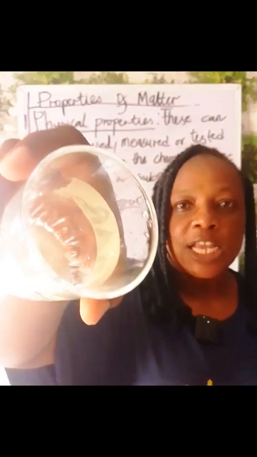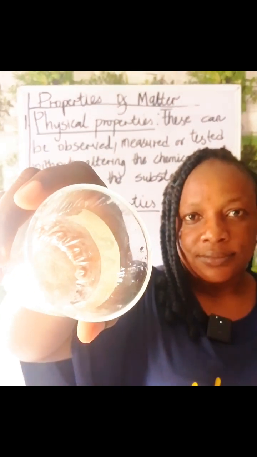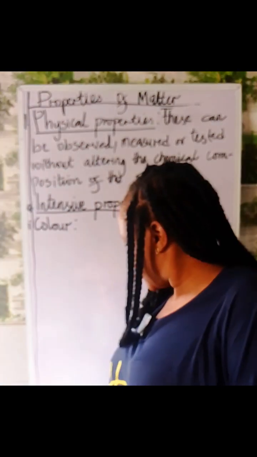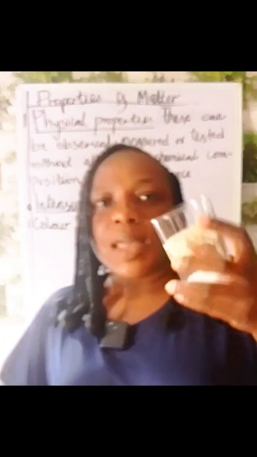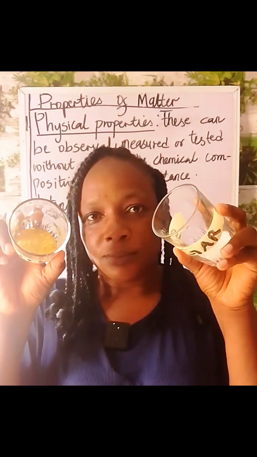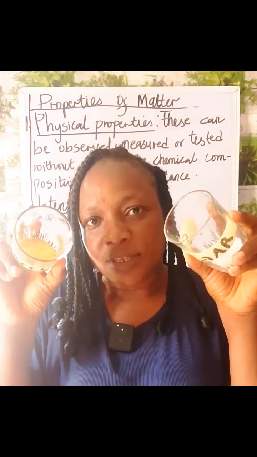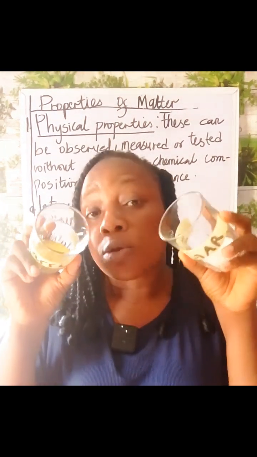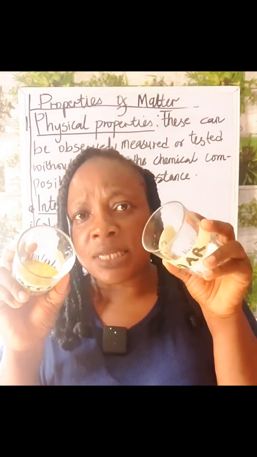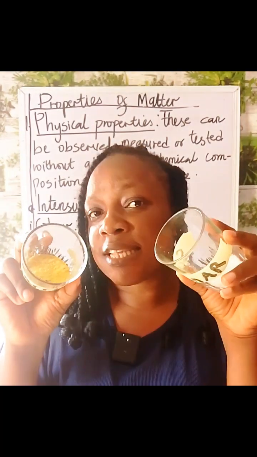And this is sugar. Now listen. Are you seeing the difference in color? So color is a physical property. Not just that it is a physical property, it is an intensive physical property.